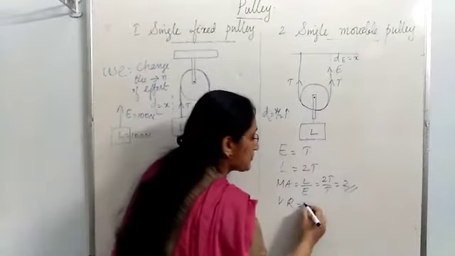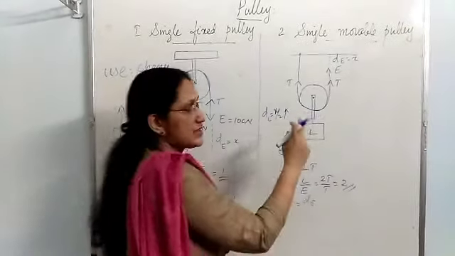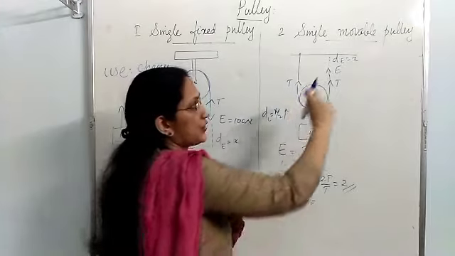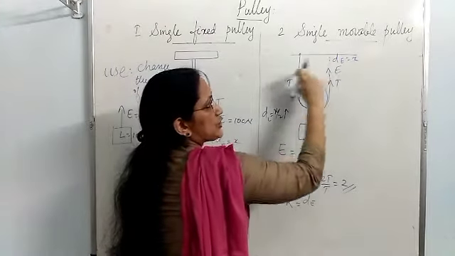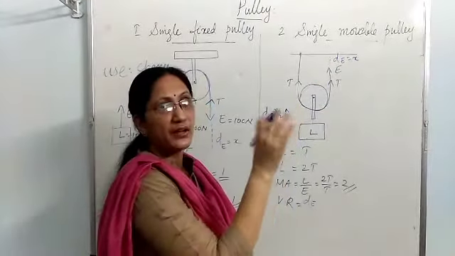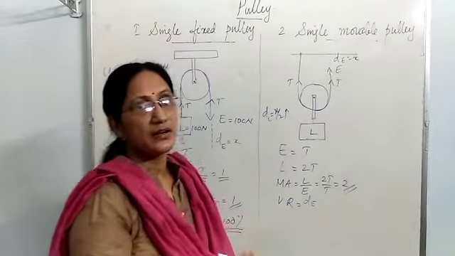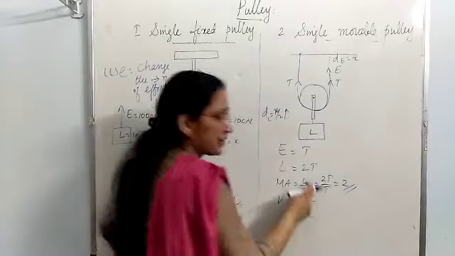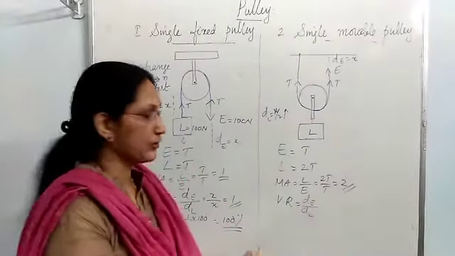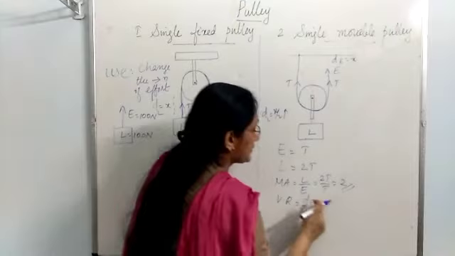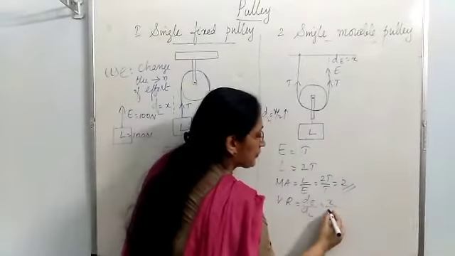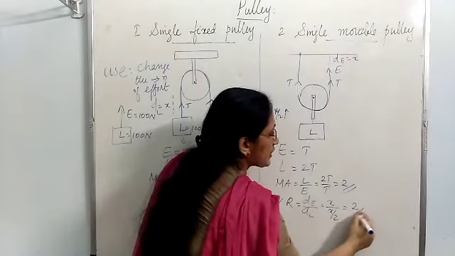The reason is this load is pulled up by two rope segments. So each rope segment will get shortened by x by 2. That is why load raises a distance x by 2. So VR is displacement of effort upon displacement of load. That is, displacement of effort is x upon displacement of load is x by 2, that is equal to 2.